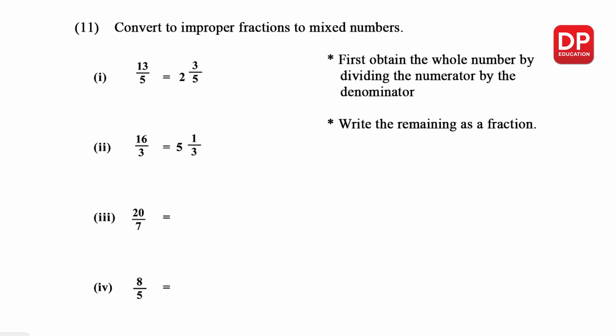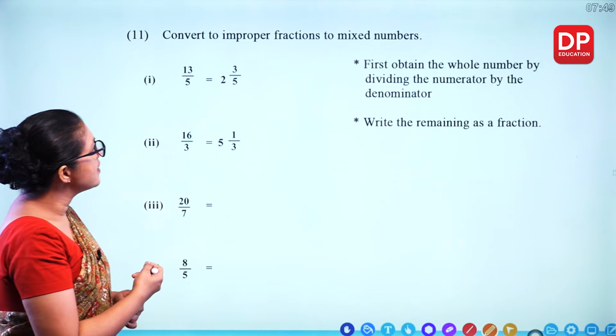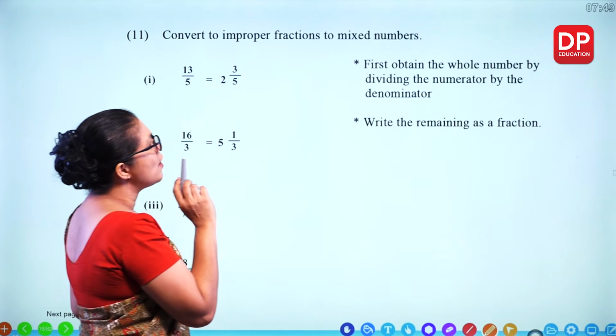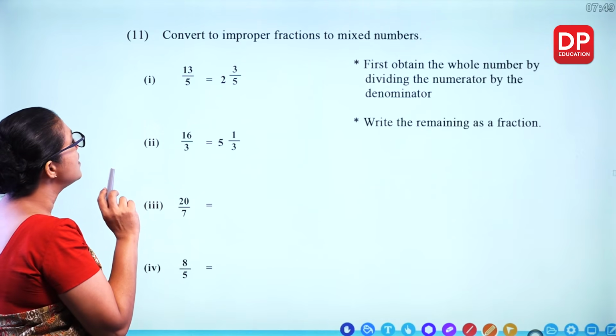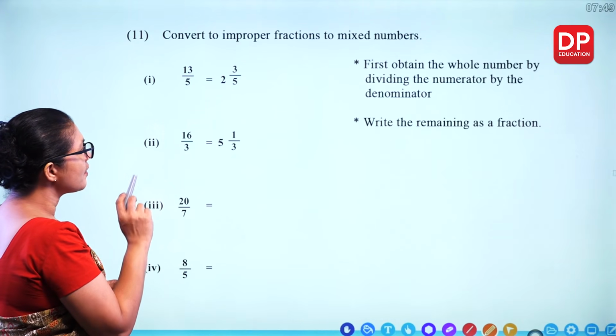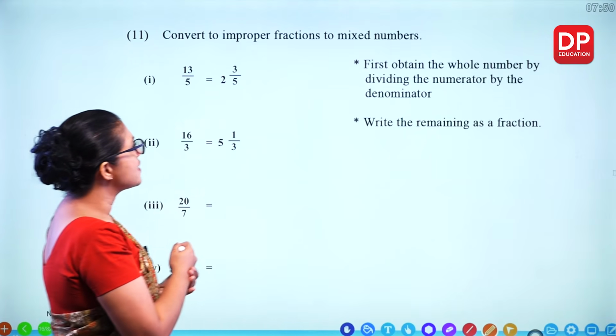Convert improper fractions to mixed numbers. Now, the other way around. So, how can we write it down? First, obtain the whole number by dividing the numerator by the denominator. Write the remaining as a fraction. So, what's the first step?